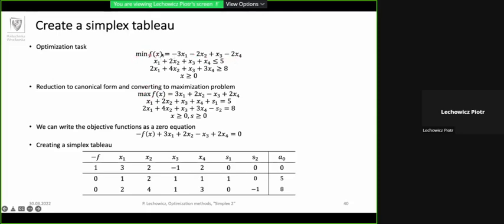And in such a way, we are changing the minimization problem to the maximization problem. And we can write the objective function as a 0 equation. So if we subtract this f of x from the right-hand side of the equation, it should be equal to 0.